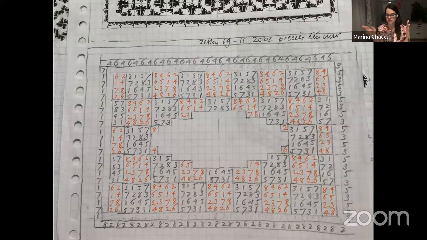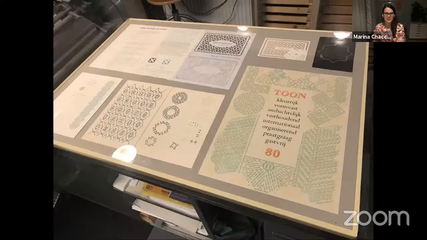So having 8 positions, the A rotated in 4 positions and the B rotated in 4 positions, you have basically 1 to 8 in numbers, and that's how it's translated to A and B and their positions. And he says that it was set on November 19, 2002 in precisely 1 hour, which is quite something.